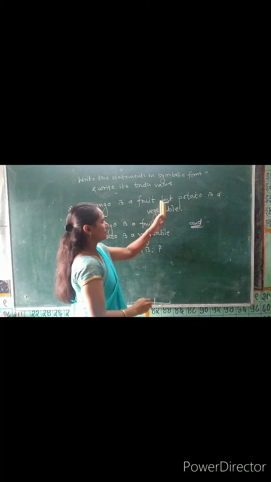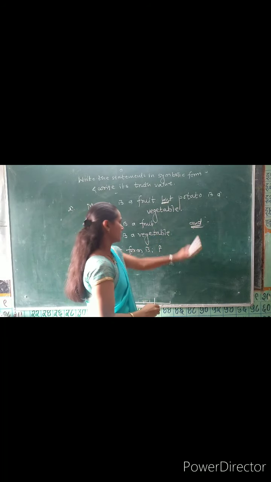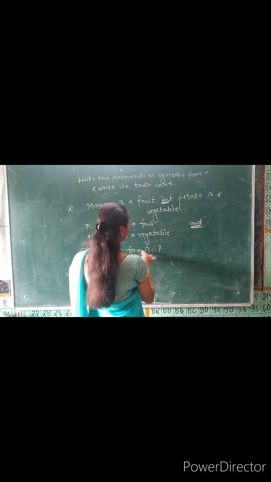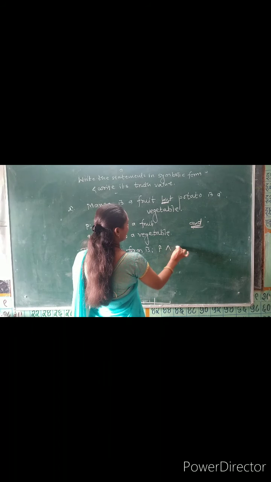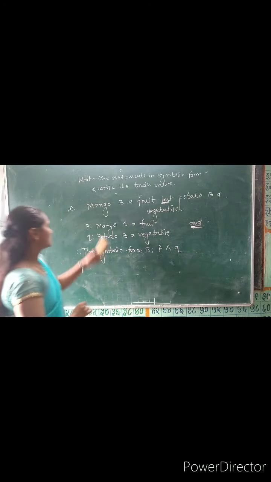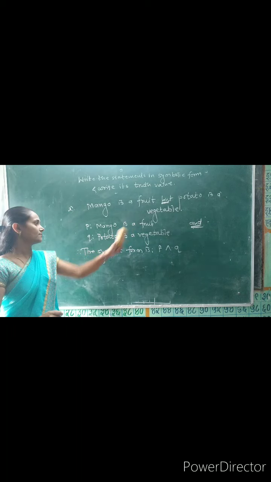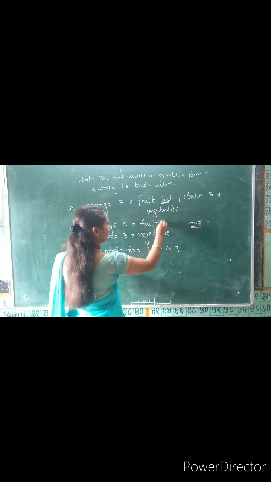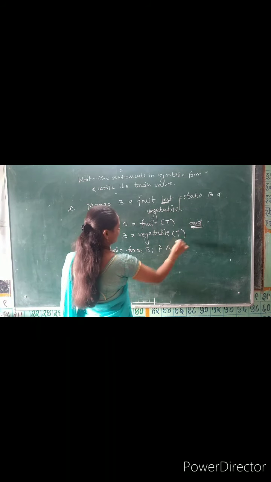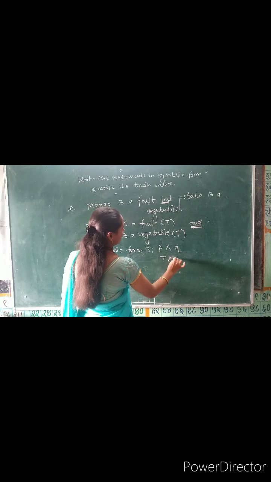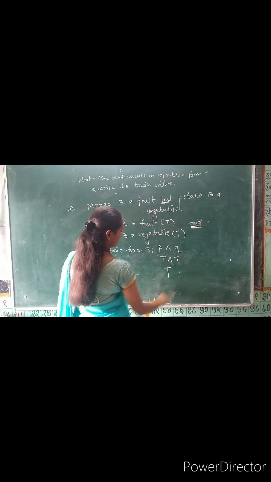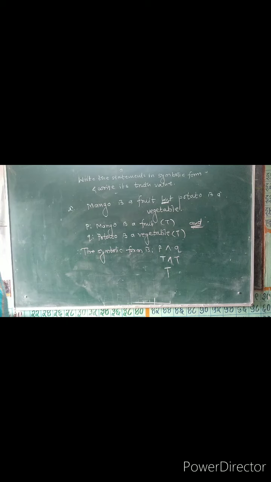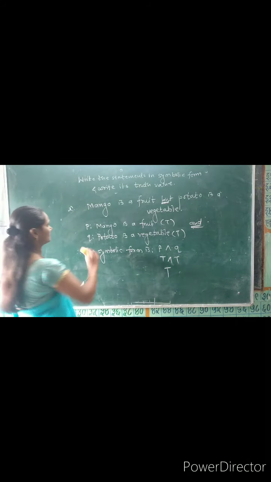Remember that the connective but is used instead of the connective and, therefore symbolically we can write here P and Q, and both these statements are true. Mango is a fruit and potato is a vegetable. Therefore T and T, which is T. Therefore the truth value of this statement is also true.